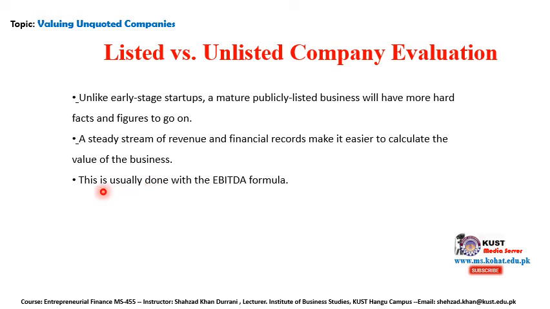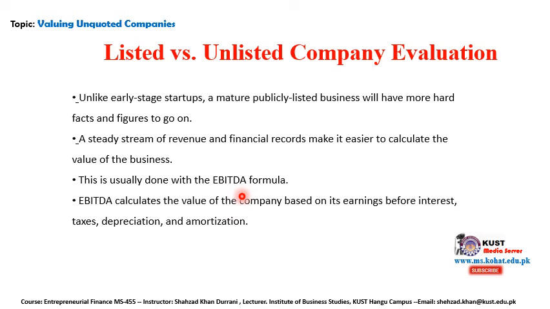So this is usually done with the EBITDA formula, right? For the listed companies, you are going to calculate its total worth, its total value of assets with the EBITDA formula.